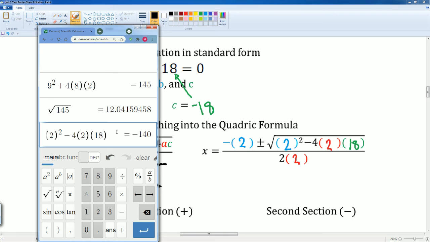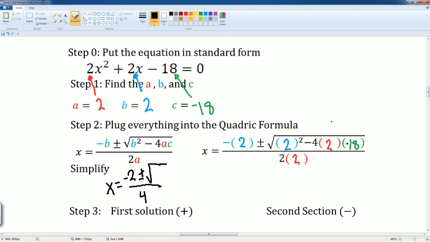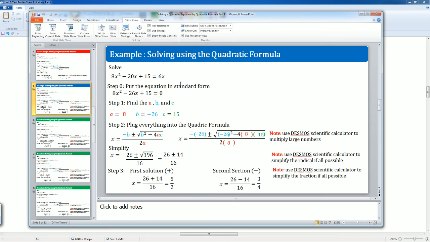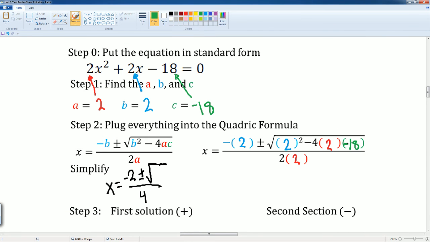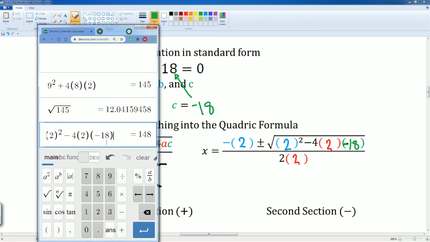Is that really a negative? Oh no, it's negative 18. So it's 148 because there was a negative here. Do you see how it's negative 18, negative 18? Okay. So inside, it should be a radical 148.